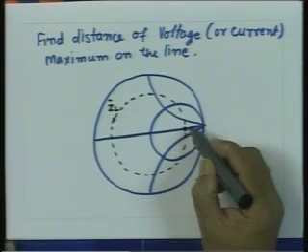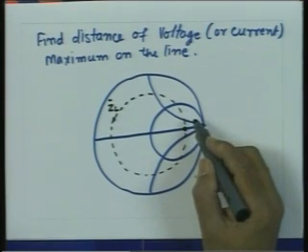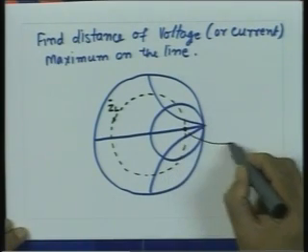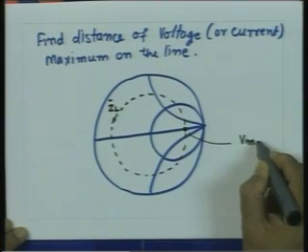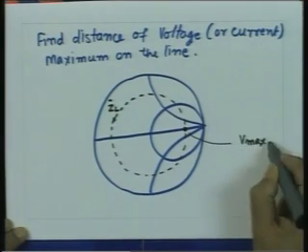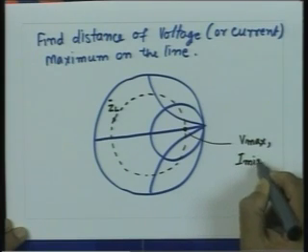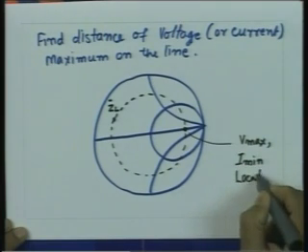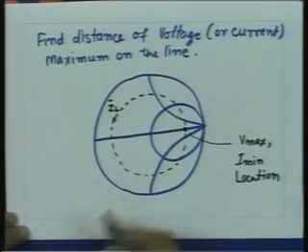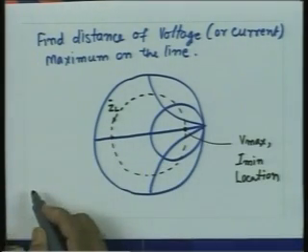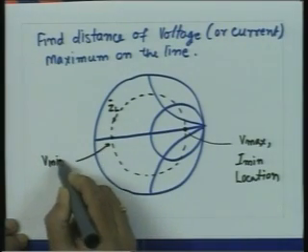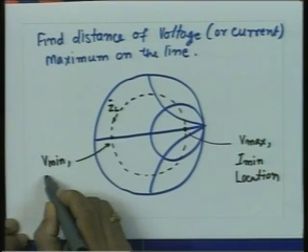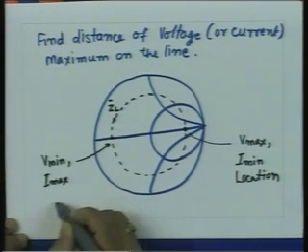That means this corresponds to a location on the transmission line where voltage is maximum or current is minimum. Similarly, this point here, which represents the minimum resistance on the line, corresponds to the voltage minimum or current maximum location.